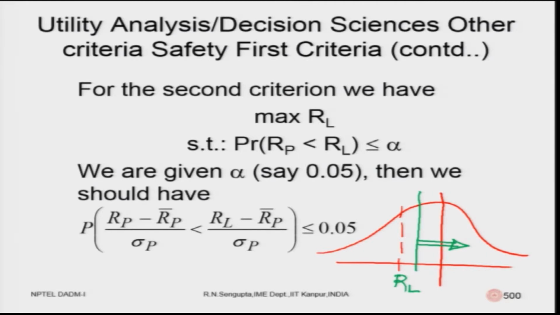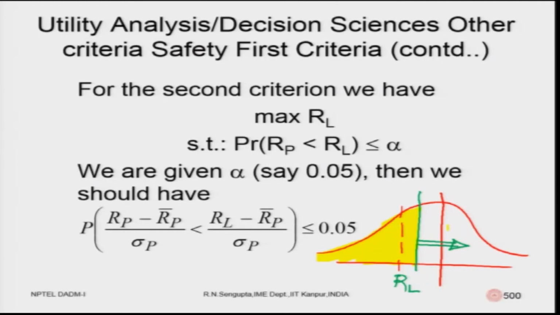Consider an arbitrary value of R_P, it can be anything, but technically if I consider the whole area, it should be this. So, this is alpha. I need to keep alpha fixed at this level and try to pull R_L onto the right hand side, keeping it less than or equal to alpha.